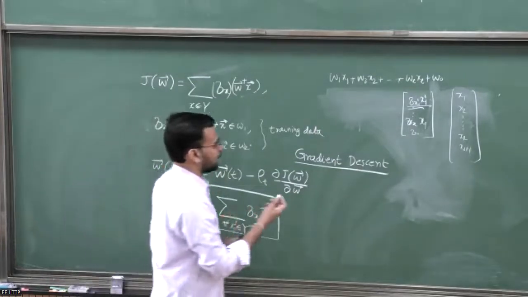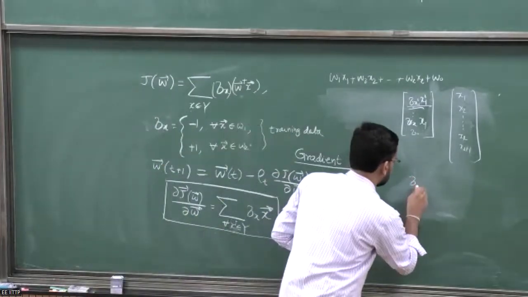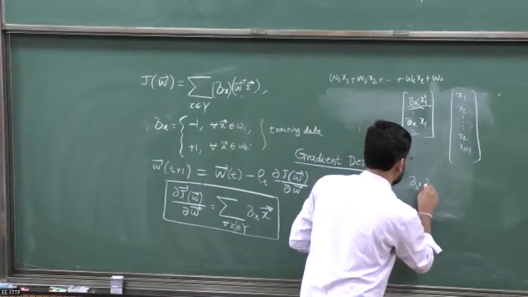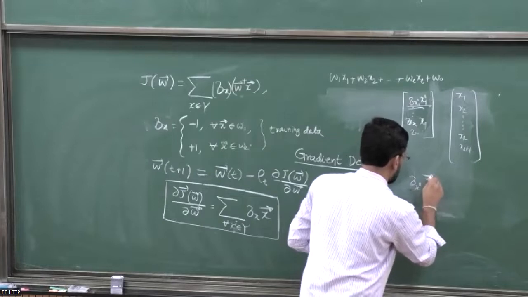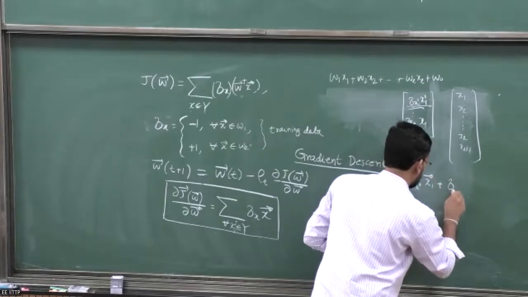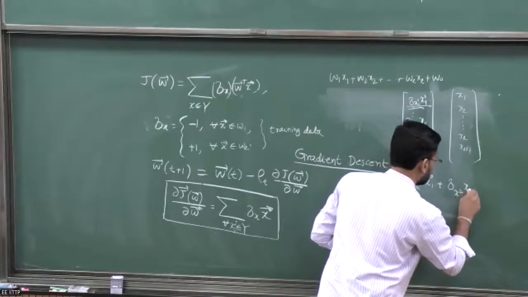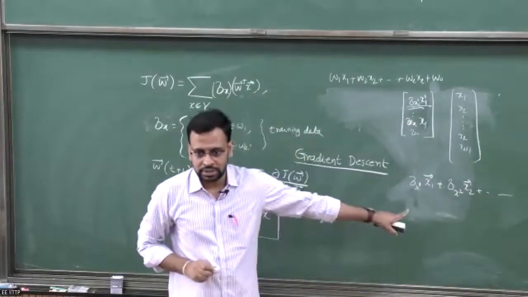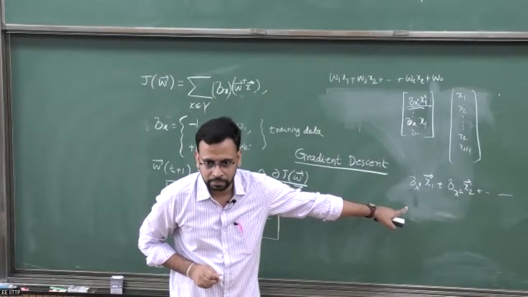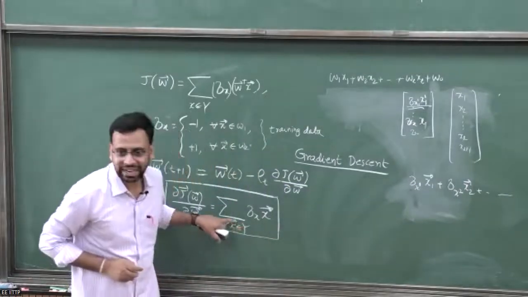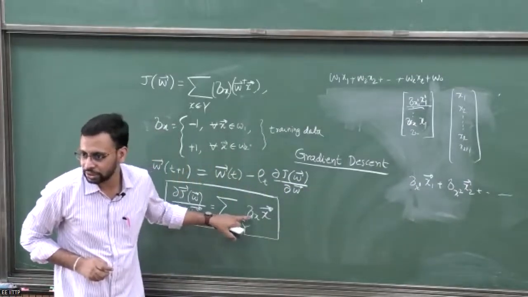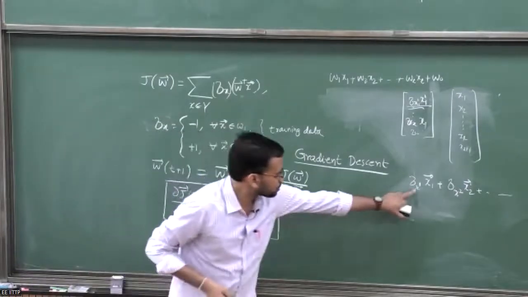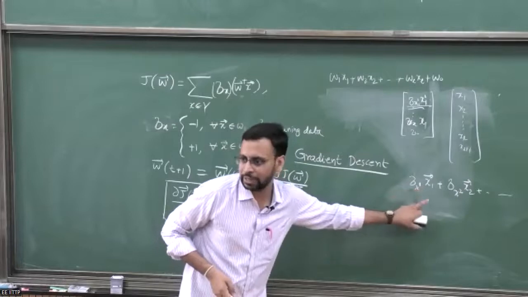All I have there is delta xi into x1 bar plus delta x2 into x2 bar plus so on. Is this fine? Xi can be different values. This i is varying. Let's say there are some p points. So for each one you hold the vector, you multiply and sum them up.